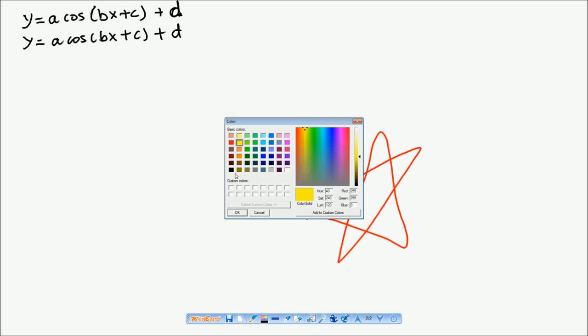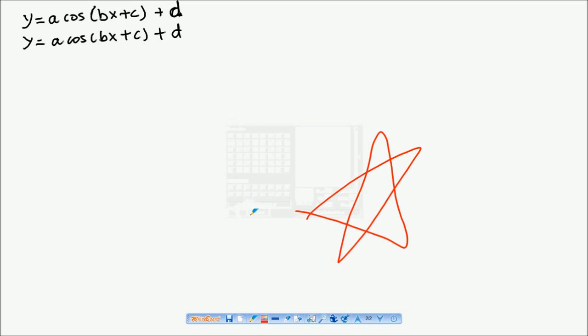In your equation, the first coefficient a here means the amplitude. So what is the amplitude?